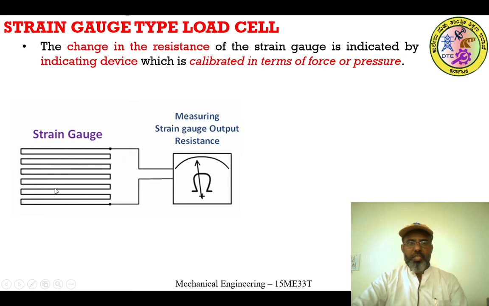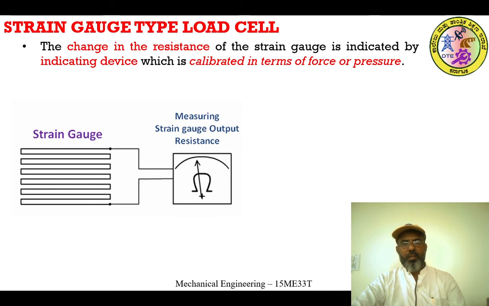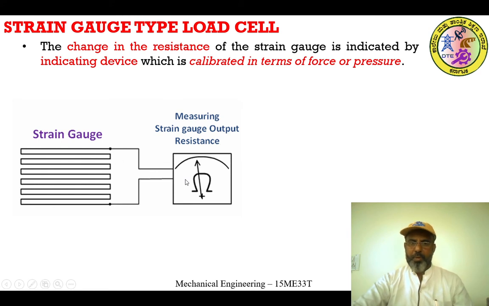This change in resistance of the strain gauge is indicated by an indicating device. This is the indicating device. It may be a voltmeter for the output voltage, and this indicating device is calibrated in terms of either the force or the pressure. When the length increases, it gives the positive value.